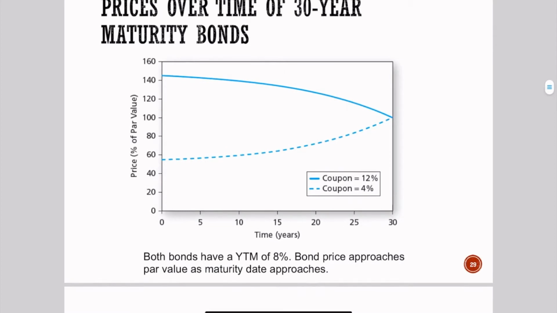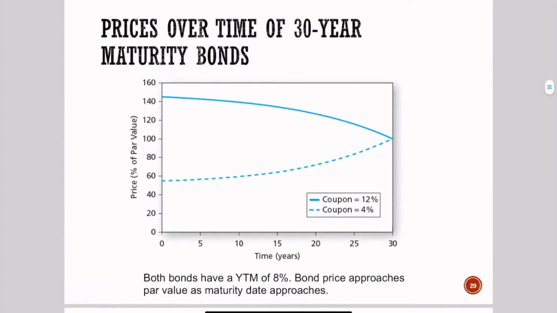So let's say you're a bond investor and you have bought a discount bond. Remember, what is a discount bond? When the coupon rate is lower compared with the yield, then this bond will become a discount bond. In this case, this discount bond is given by this dashed line. Let's say on the initial date, you spent $48 to buy the bond.